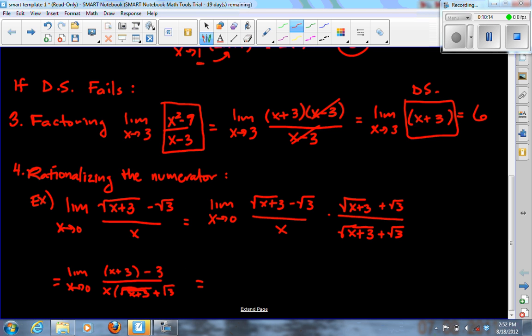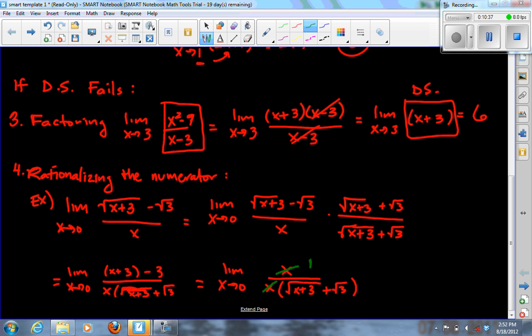Okay, so now on the top, x plus 3 minus 3 just leaves me with x. On the bottom I still have this x, and that's why I did not want to write it in there, because usually when you rationalize the numerator, this step always happens. It'll save you some time if you don't have to pull that back out to be able to cancel it. Because these will now cancel.